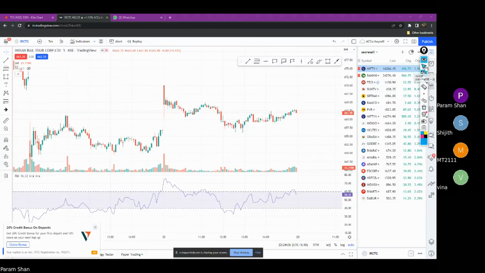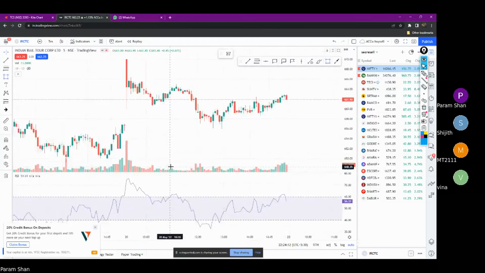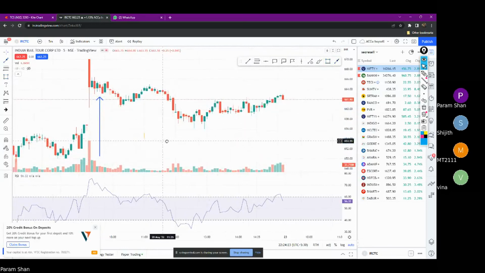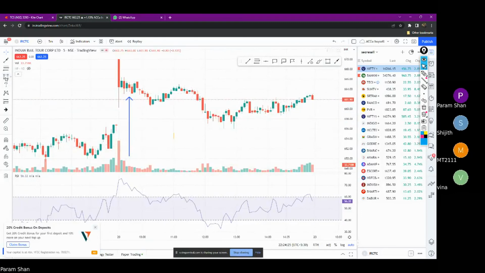But again, let us go back to our regular one. This is the place where our first volume candle formed. Since we had our first volume candle, let us identify the support and resistance of that particular area.